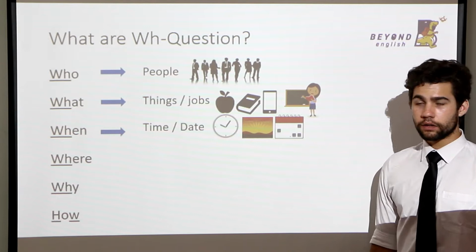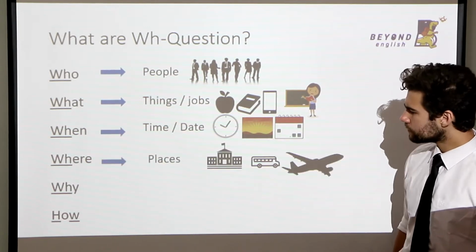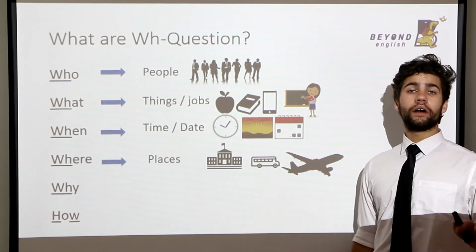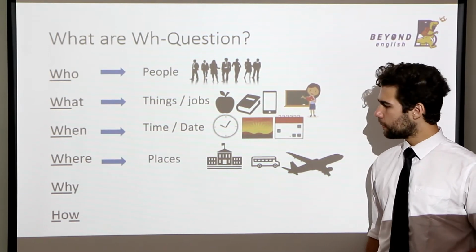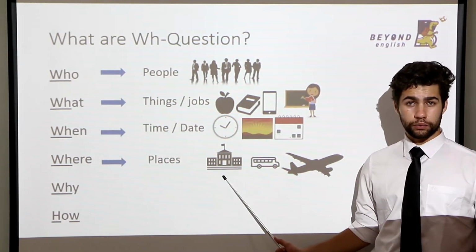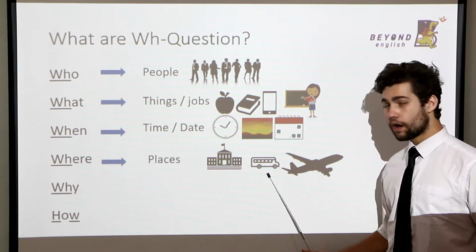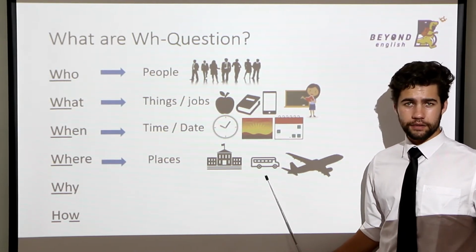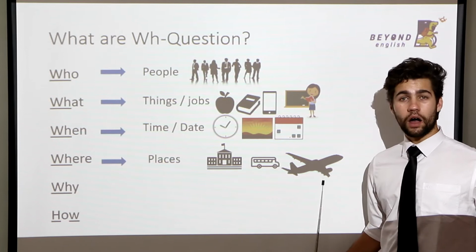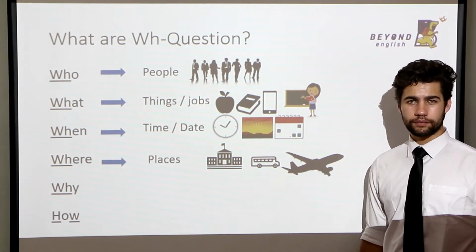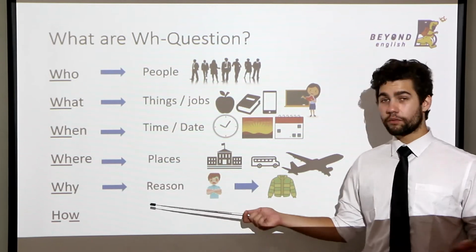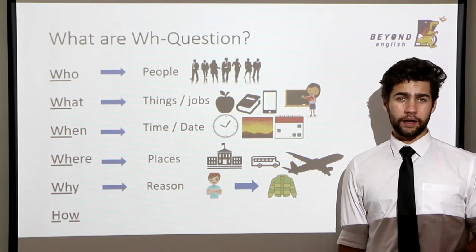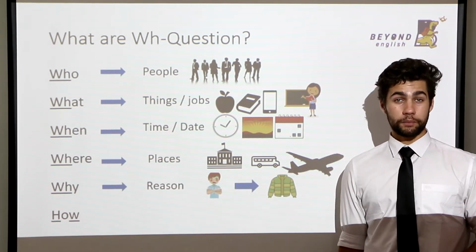Let's keep going to where. With where, we always talk about places. So, at school, in a bus, on a plane. Let's keep moving. Next we have why. For why, we always talk about a reason.